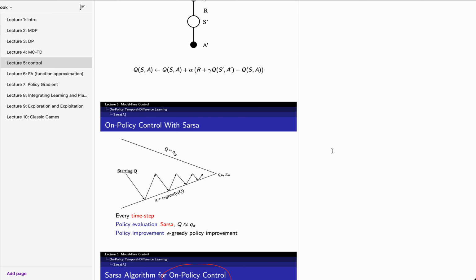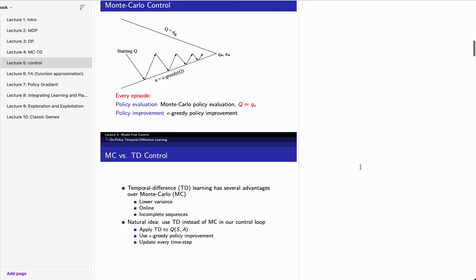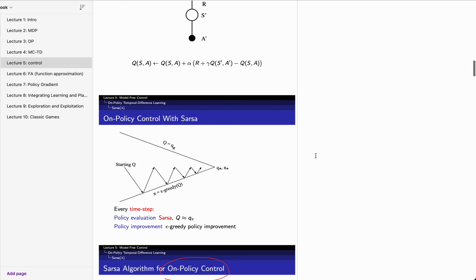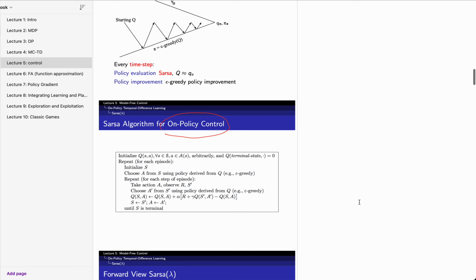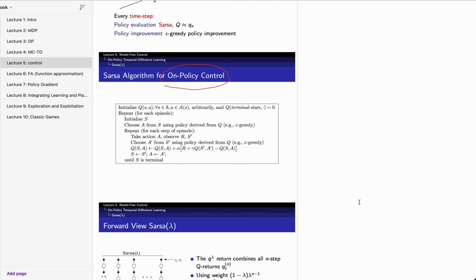So on-policy control with SARSA, similar to on-policy control with Monte Carlo, would be just replacing this Q with Q pi, and Q pi is calculated using SARSA. So this is the SARSA algorithm for on-policy control.